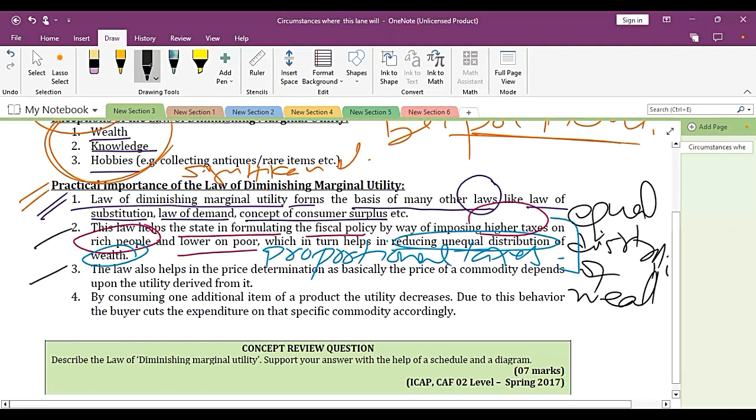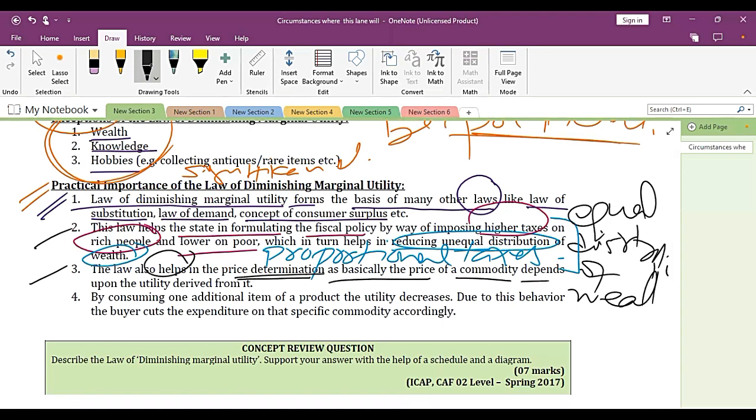The third practical significance is that this law also helps in price determination, as the price of a good basically depends upon the utility derived from it. It helps in the price mechanism or settling of the price level.